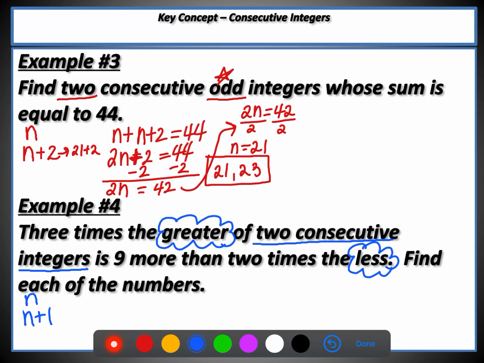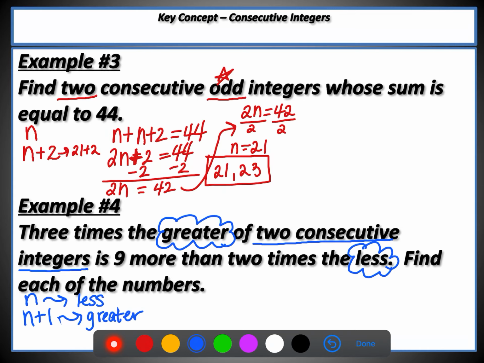That's how they're differentiating between the two. So which is which? Well, the greater would always be something that's got plus 1 to it. Okay, so let's label each of those.